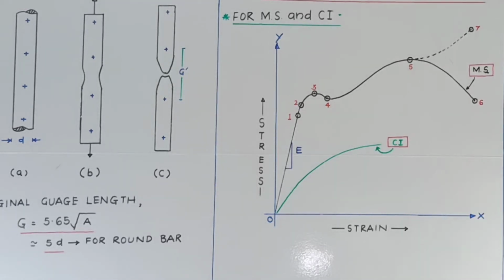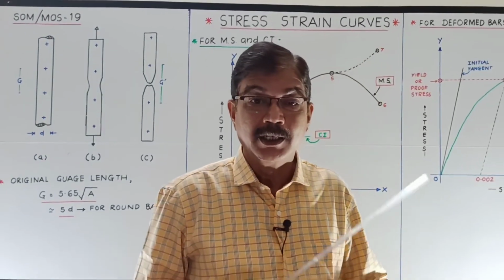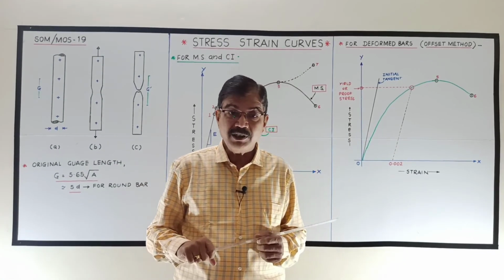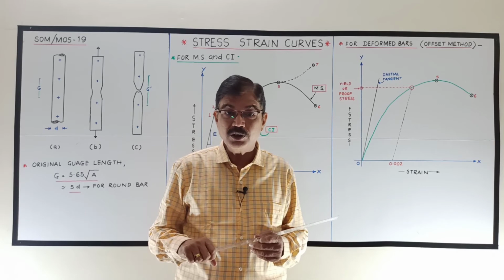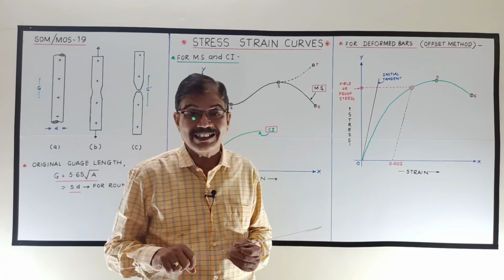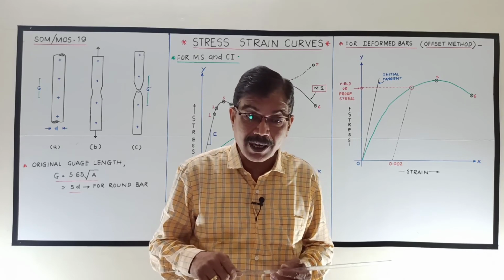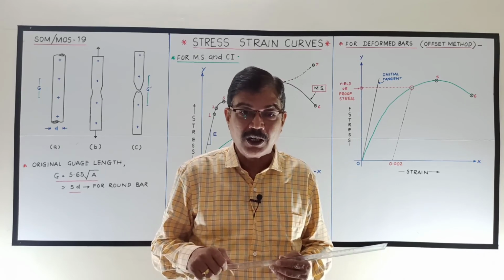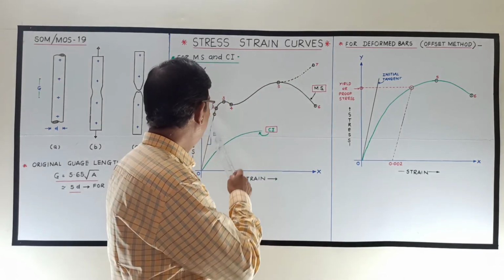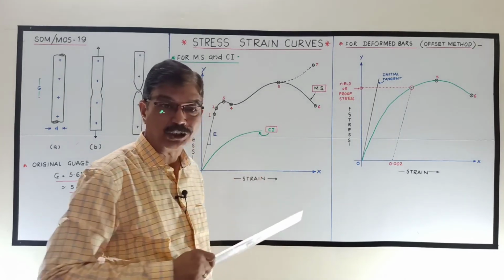So in this diagram, this is the stress strain curve for mild steel, and this is the stress strain curve for cast iron. Okay. Now whenever we use bars as reinforcing bars in RCC, generally we use Torsteel bars or deformed bars. It is only mild steel which shows so many points.